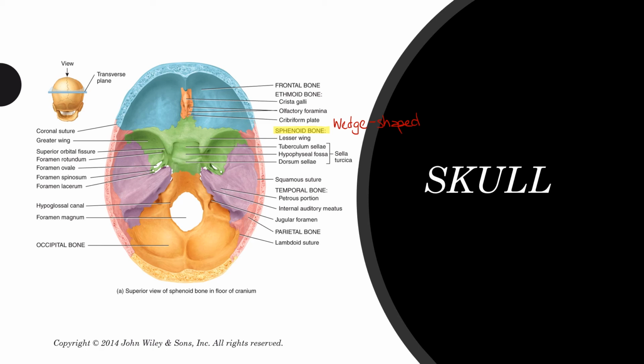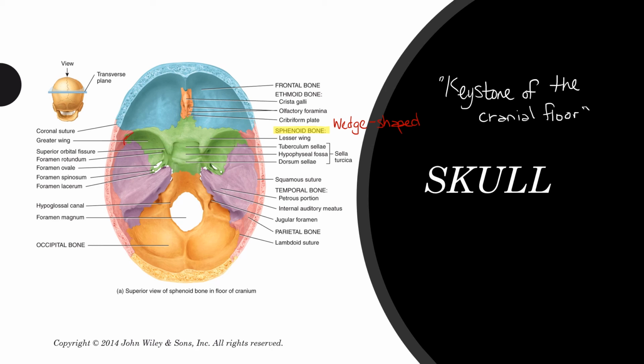This bone is actually well known as the keystone of the cranial floor. And this is because it articulates with all other cranial bones, pretty much holding them all together.